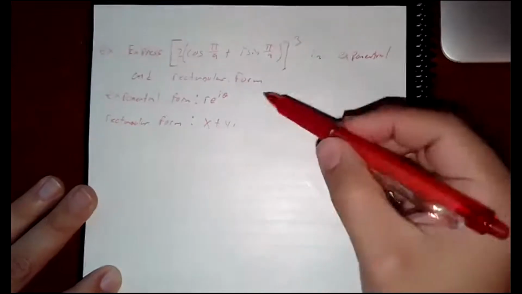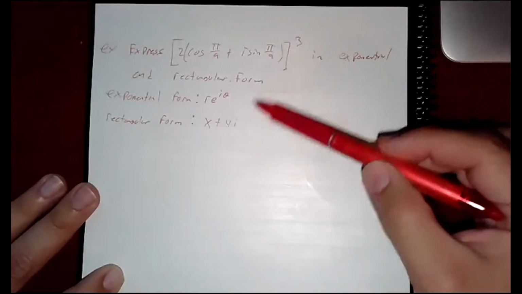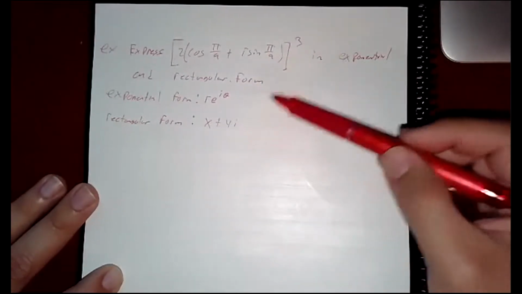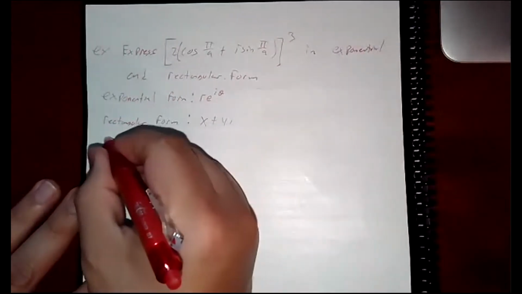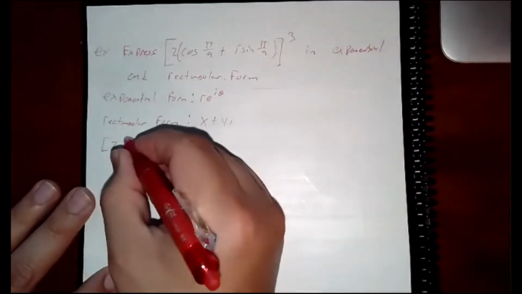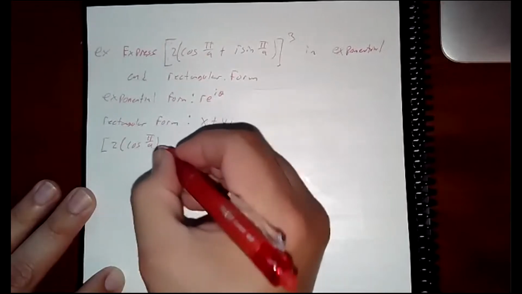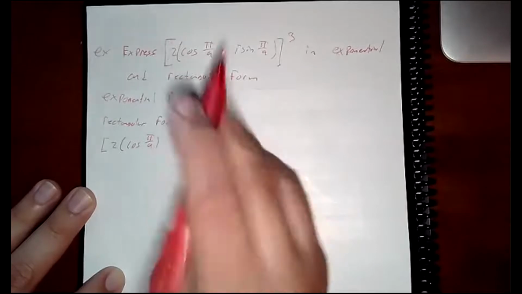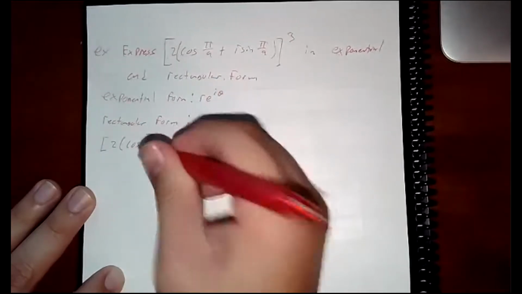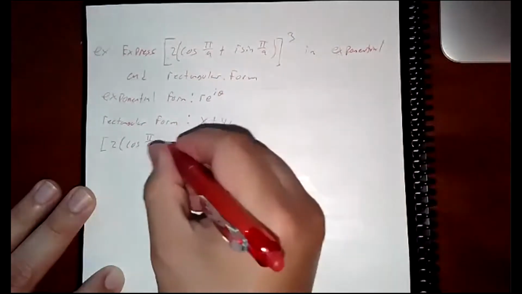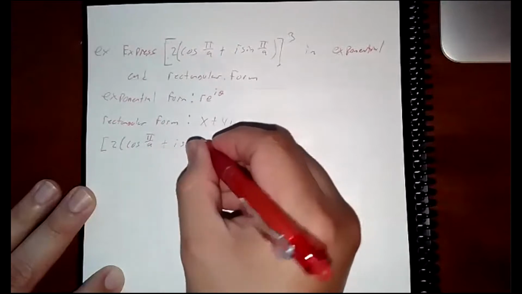So I want to change this guy into both of these forms. Okay, so let's start with that. Let's write it down again. 2 cosine pi over 9 plus i sine pi over 9, cubed.